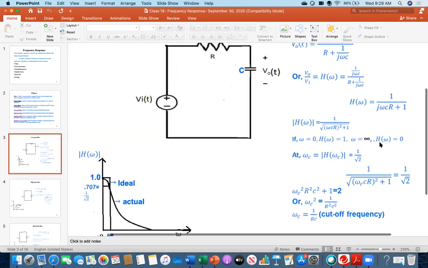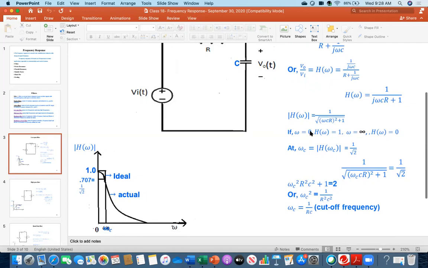Now, everybody look more closely at this equation. Put what I have said: if omega is 0, this point in the plot is 0. If you put 0 here, then what are you getting? 1 over 1, so you are getting H omega equal to 1. Therefore I have plotted 1 when it is 0. If omega is infinity, meaning a very, very large frequency, then the denominator is infinity.